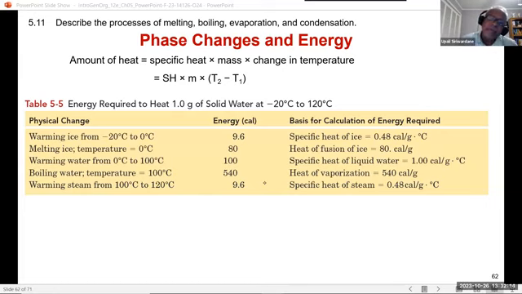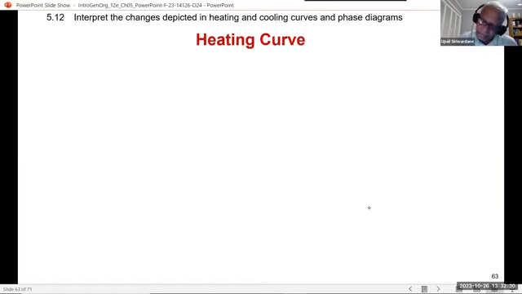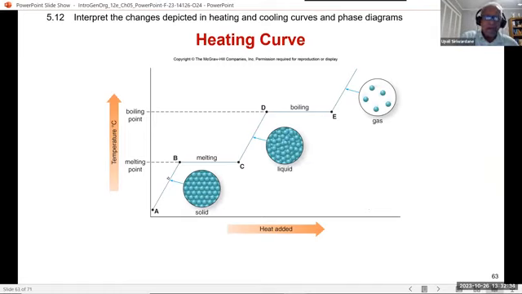This same thing can be shown in a heating curve. If you look at this A to B, that is ice, minus 22 to 0 degrees. That's heating ice. When the melting takes place, temperature doesn't change. The y-axis is temperature, the x-axis is heat added. In a heating curve, the x-axis is heat added. When you're heating, you're adding heat.